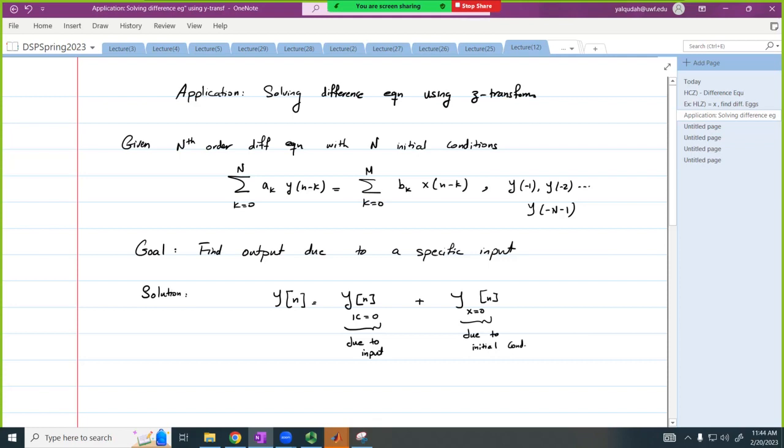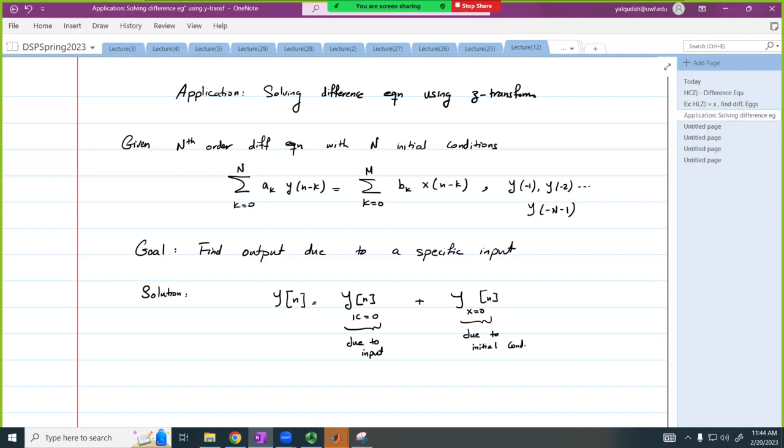So when we solve this difference equation, the output is going to come from the input that we're applying and from the initial conditions. So y of n, this is the output. The output is going to have two components.